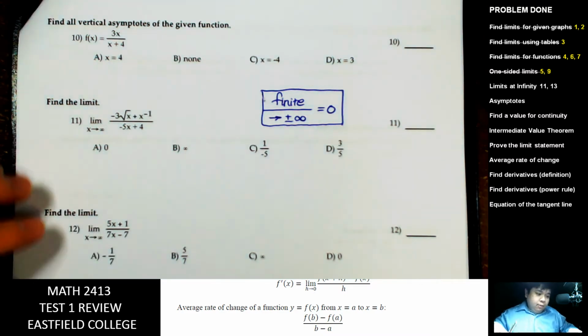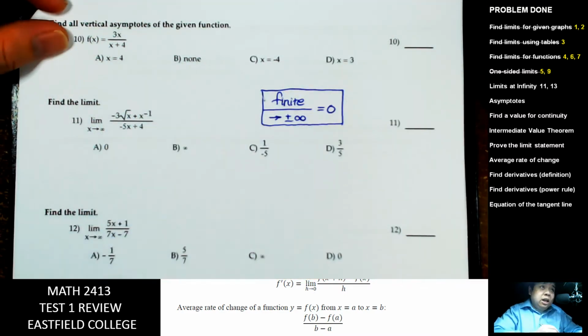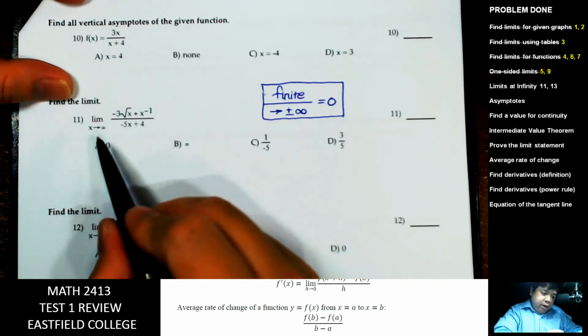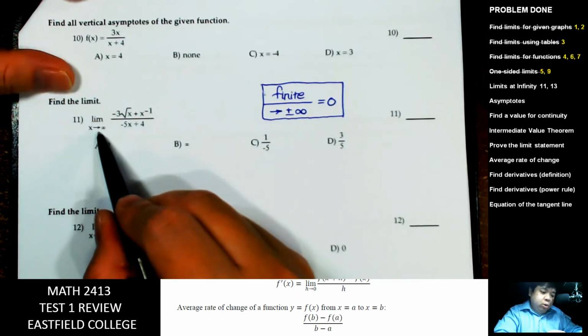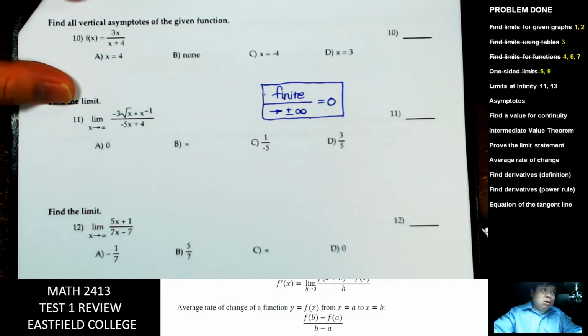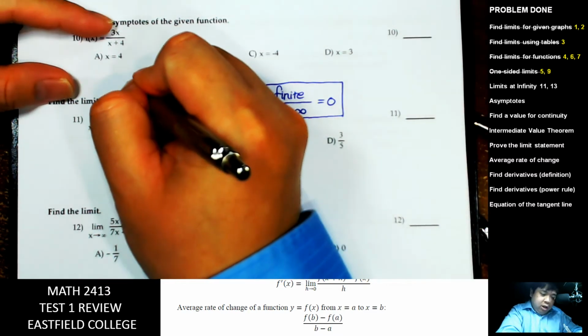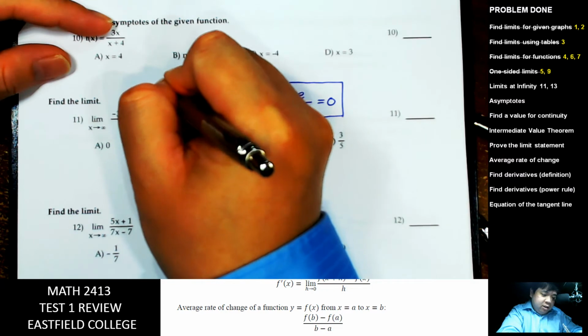Right. Now we do problem 11. So now we say that x goes to infinity. As x goes to infinity, only the highest power matters. So let me write that as another fact.